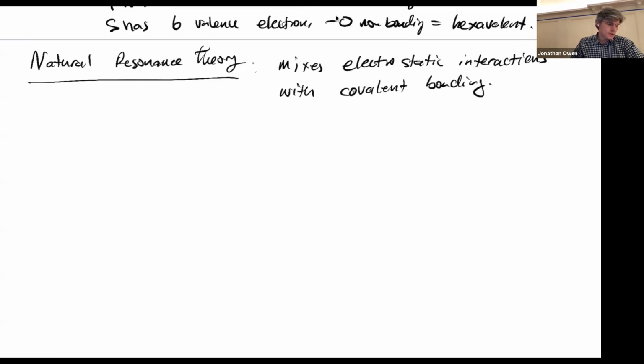Okay, so let's do phosphorus pentafluoride.